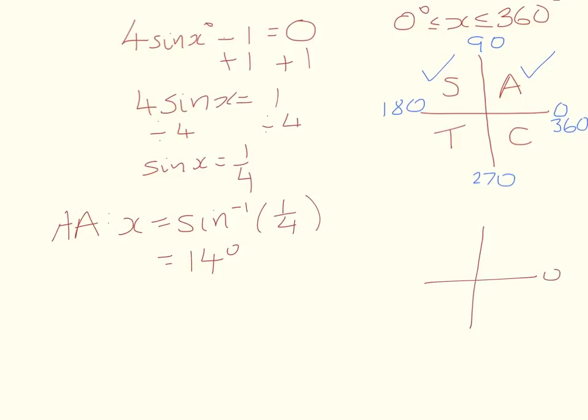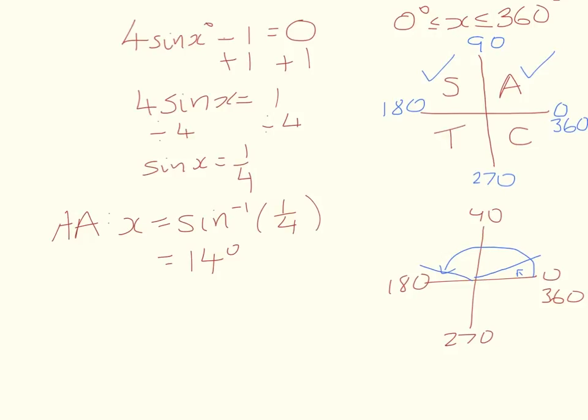So 0, 90, 180, 270, 360. Our answers are in the first and second quadrant. So it's going to be this angle in here that we are interested in, and this angle here. We always read the CAST diagram in an anti-clockwise fashion.